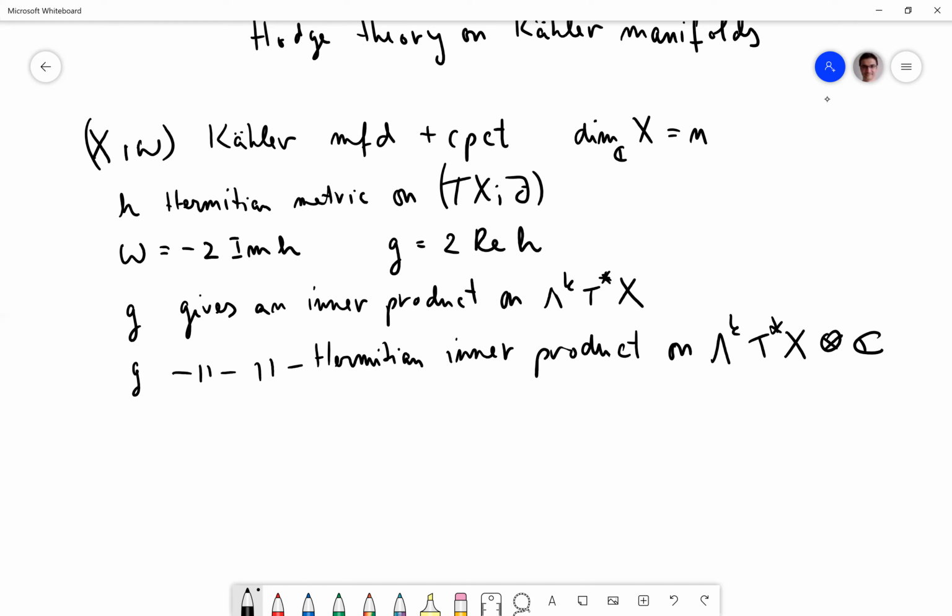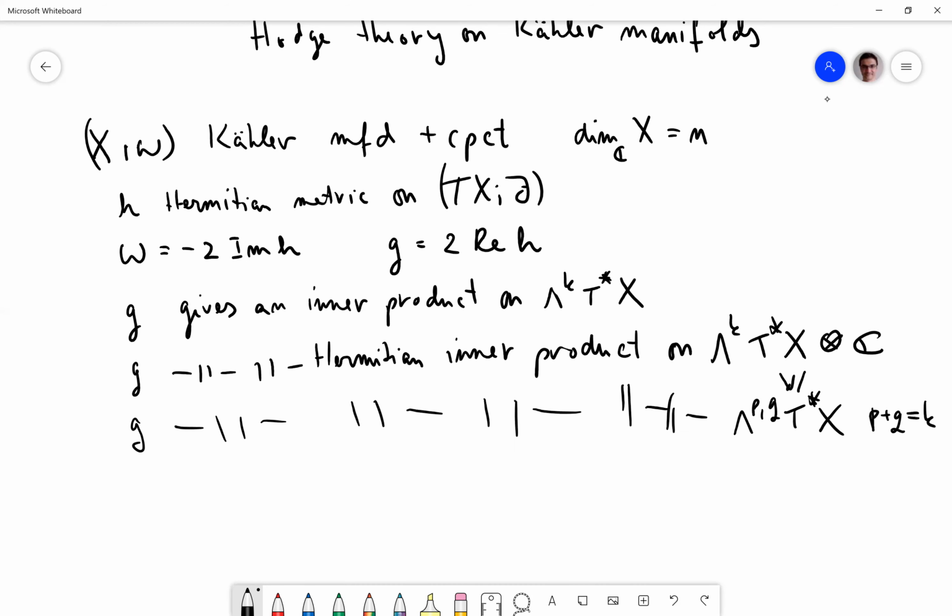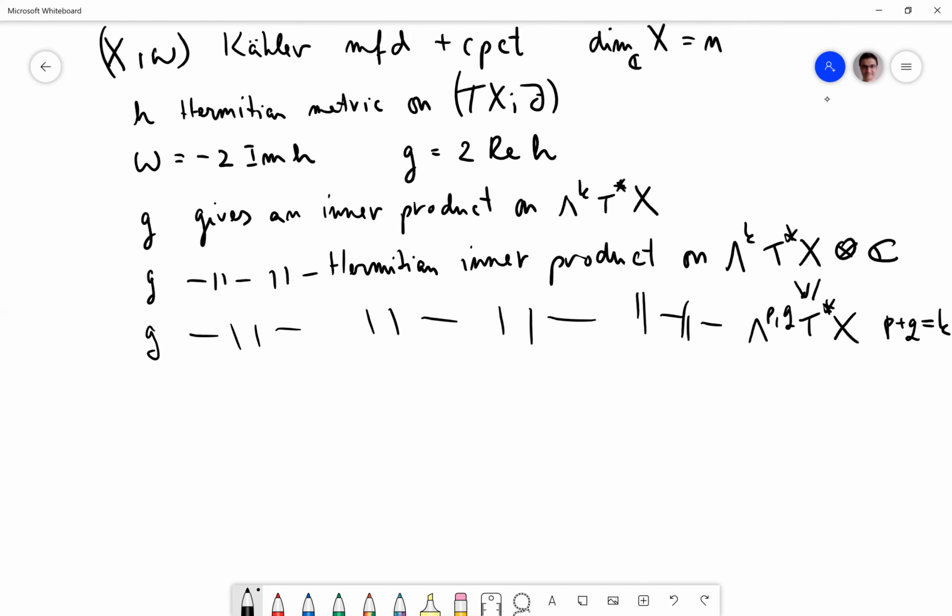This space has some well-known subspaces: the (p,q)-forms, where p plus q equals k, are subspaces of k-forms. G naturally descends to a Hermitian inner product on these spaces as well.